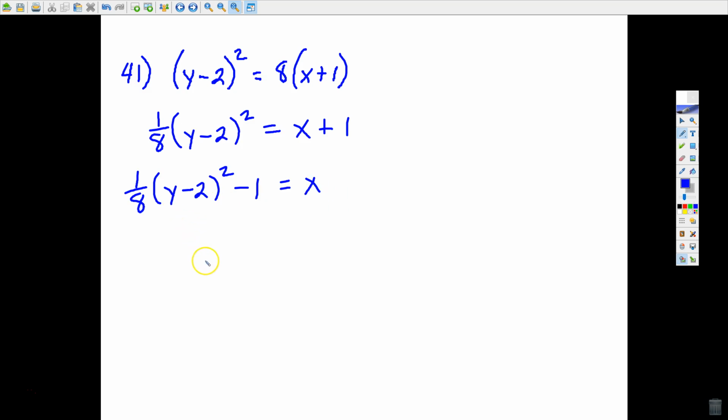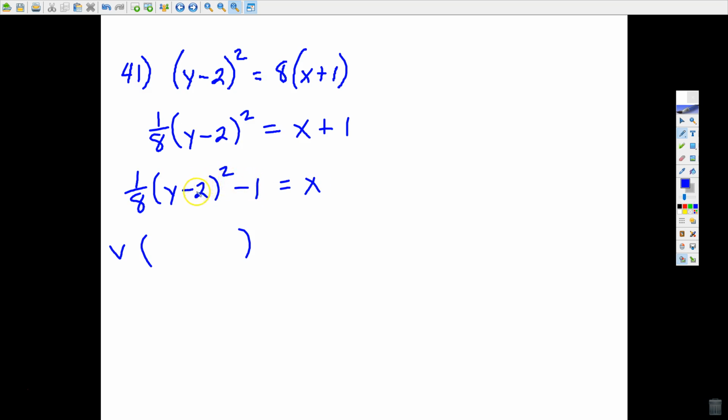Okay, now I've got it solved for x. How should this parabola open? Up, down, left, or right? Yes. Opens right. It's solved for x, so that narrows it down to left or right. And because a is positive, it's got to open to the right. Okay, so be careful. We're going to identify the vertex, but in this solve for x form, this is a little bit different.